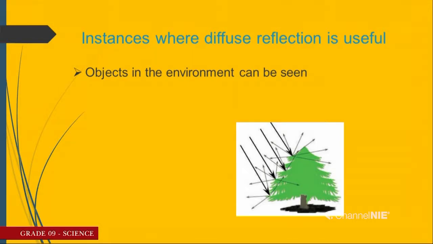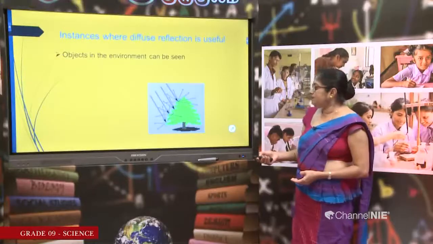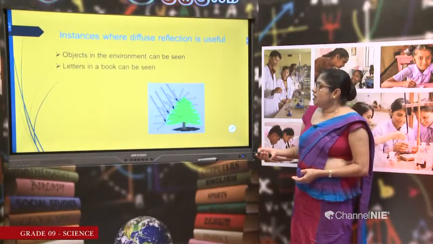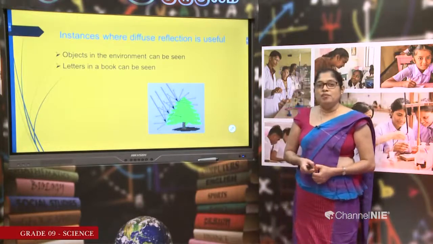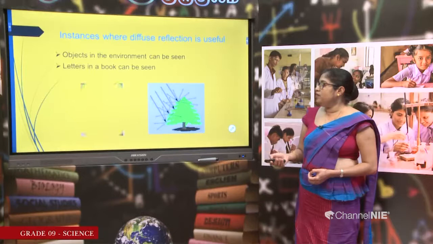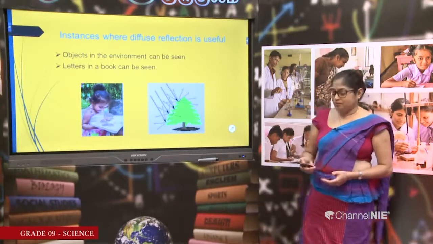The reflected rays are not parallel to each other, they are reflected to various directions. Because of that, we can see the object three-dimensionally. In addition to that, letters in a book can be seen because of diffuse reflection.